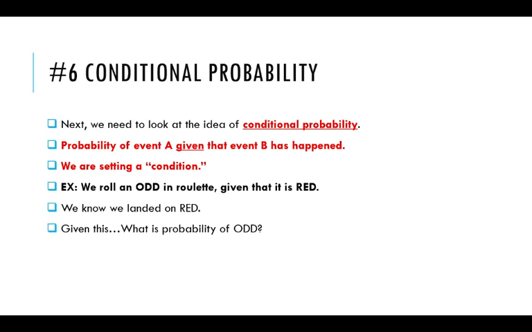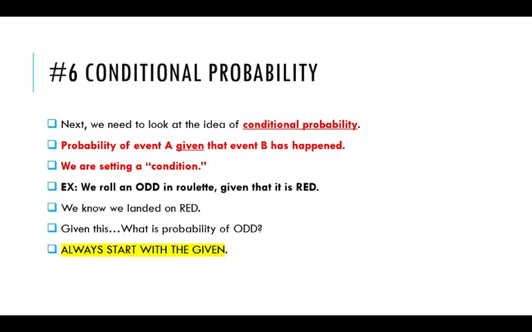So given this, that it landed on red, what is the probability of odd? So my suggestion is that when you're thinking through these, that you start with the given. There will be some problems that I give you and some examples we look at where starting with the given is really going to help you see your way to these problems.